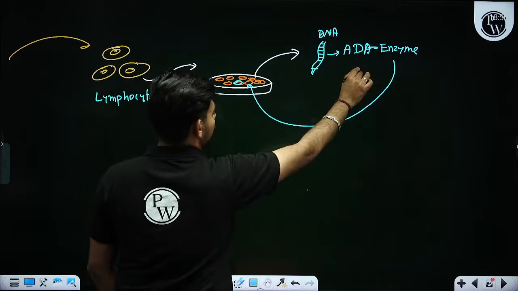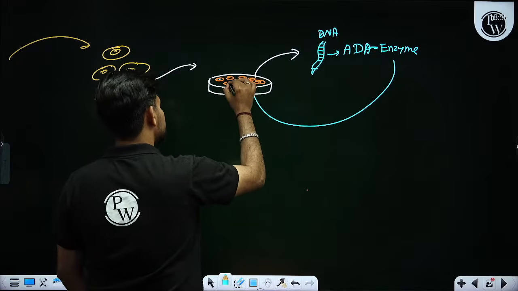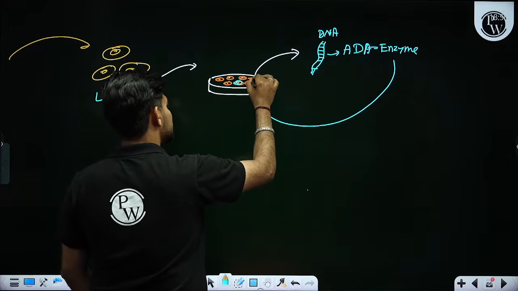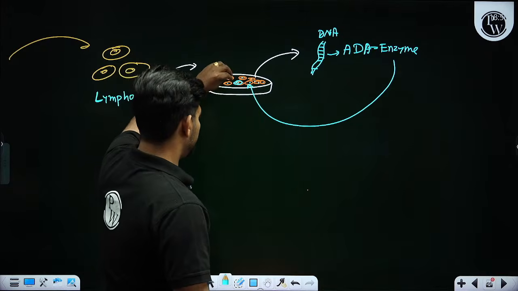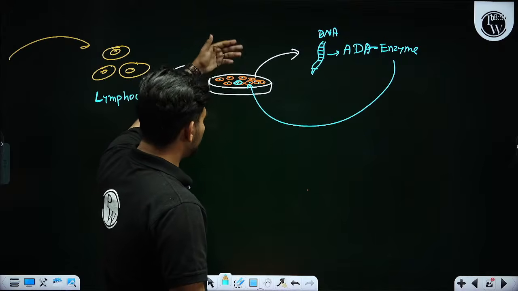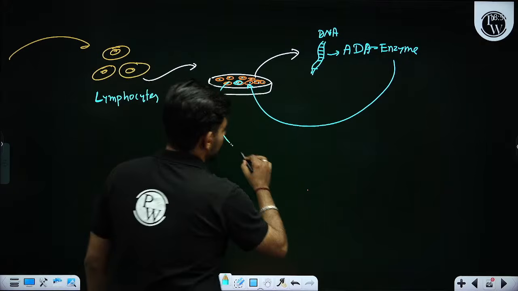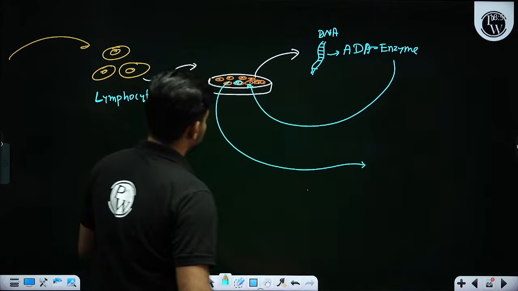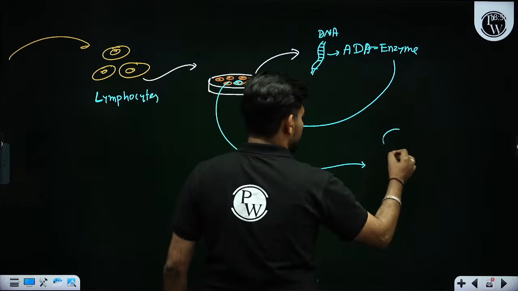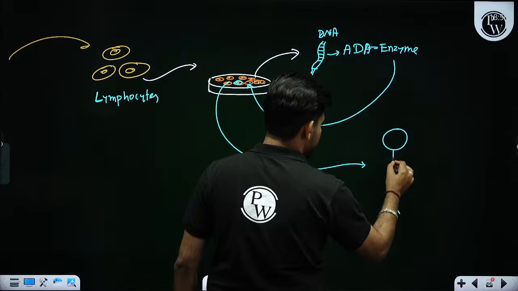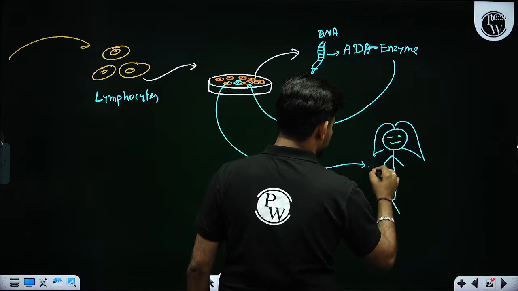Now, when you are performing recombinant DNA technology, these defective lymphocytes will be acting as good lymphocyte or functional lymphocyte. Now, following the proper technique, you have to inject this lymphocyte into the body of that girl.